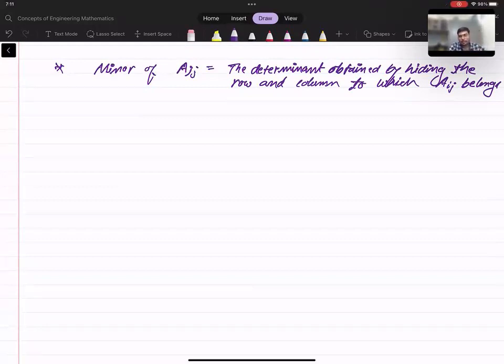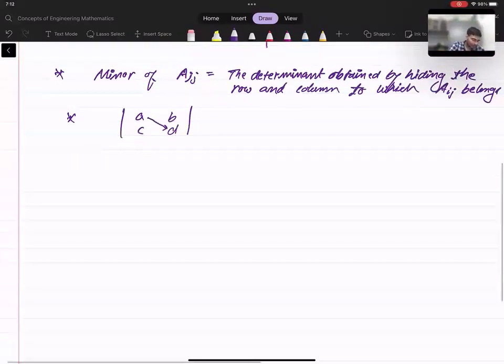So for a determinant of order 2, there will be 2 rows and 2 columns. In that case, the value of the determinant is simply found as follows. If we have A, B, C and D, then the expansion of this determinant to find the scalar value is given as: the first element is multiplied with the element in the second row and second column, and from this the product of these two elements will be subtracted.